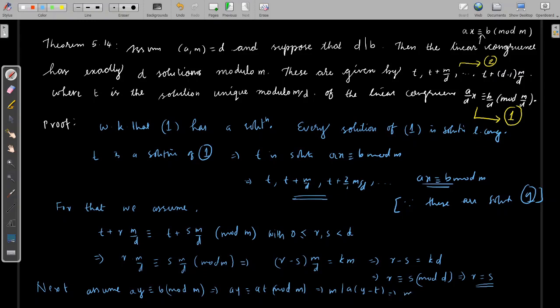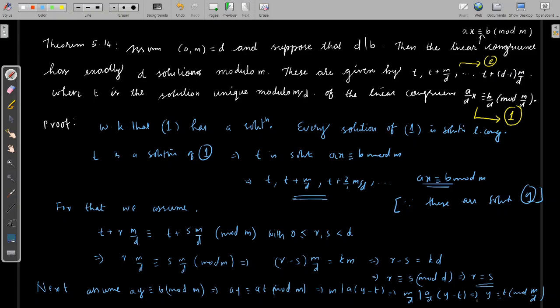That implies m/d divides (a/d)(y − t). Since the GCD of m/d and a/d is 1, m/d divides y − t. That means y ≡ t mod m/d. So this shows that y is one of the solutions of this form.